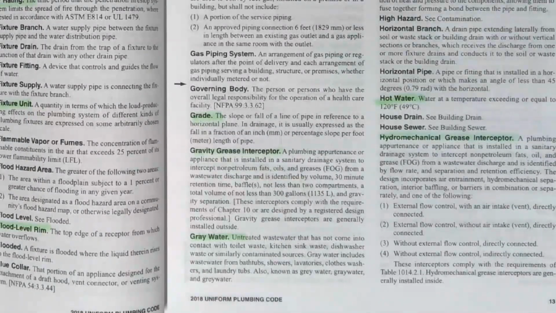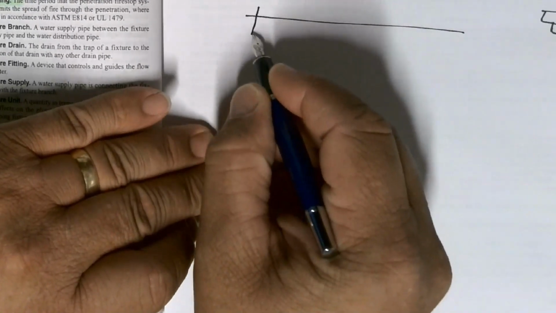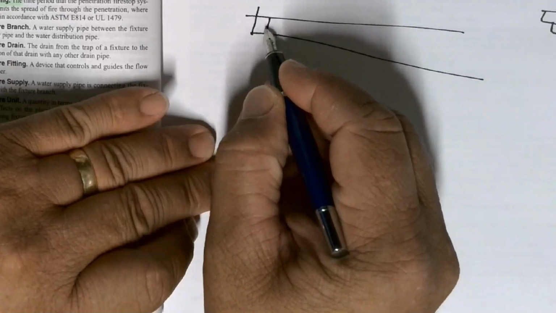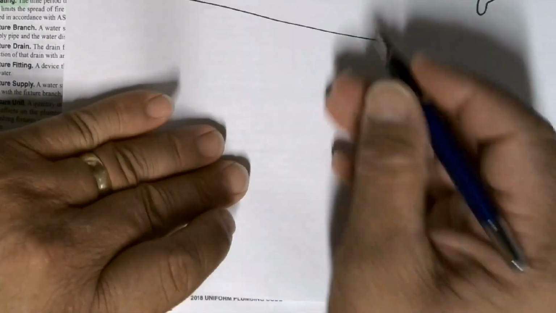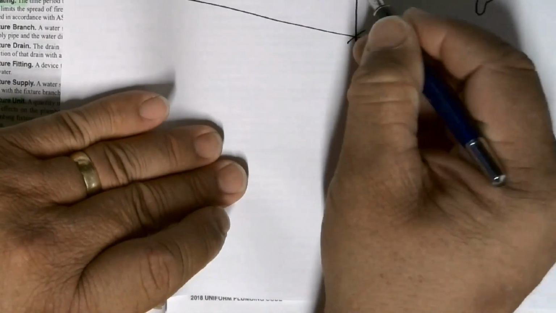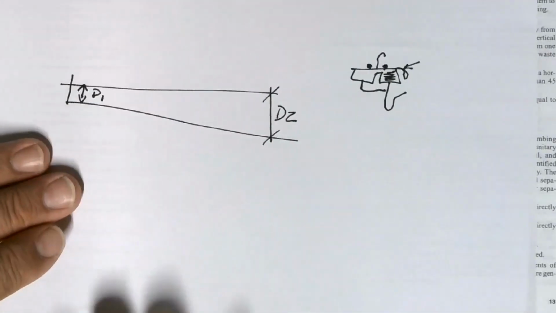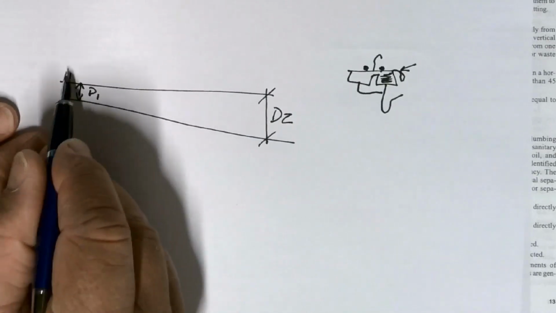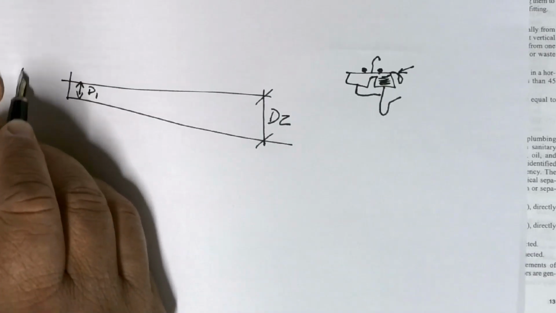Really quick, the grade has a formula. So you have this distance here, so we'll call that D1. And then you have this distance here, call that D2. So here's your waste pipe coming through, right? This is your grade, or your finished surface.